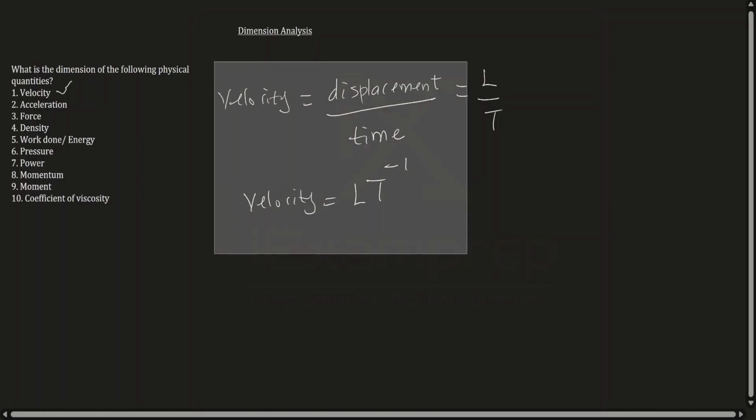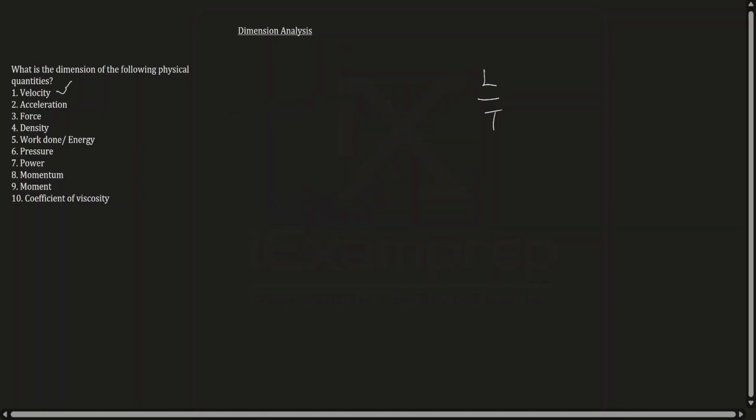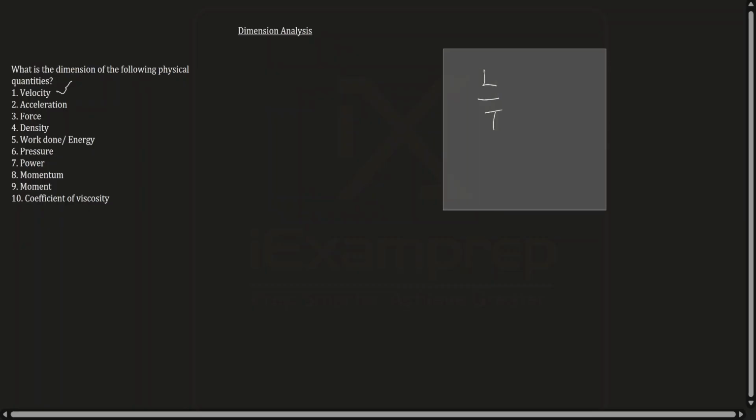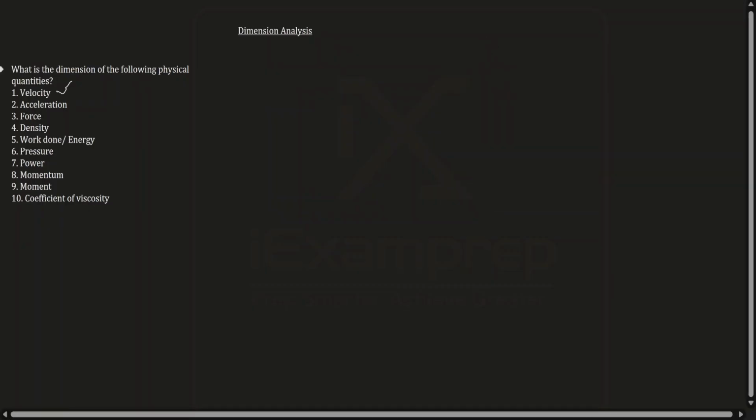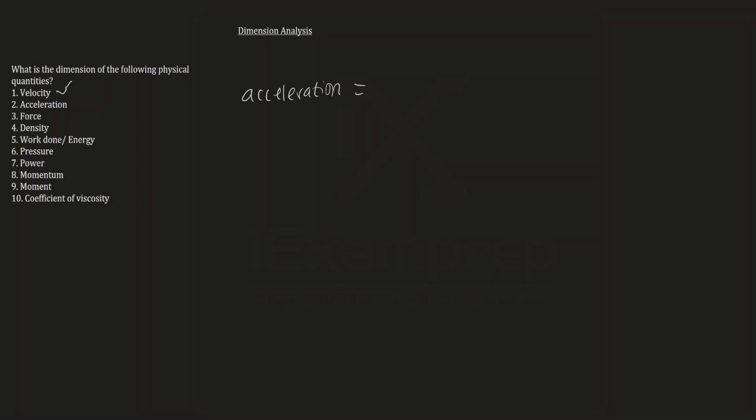Number 2, dimension for acceleration. As I said before, for you to write dimension correctly, you must know the formula for that quantity. So what is the formula for acceleration? Acceleration is velocity over time. So if acceleration is velocity over time, what is the dimension for velocity?